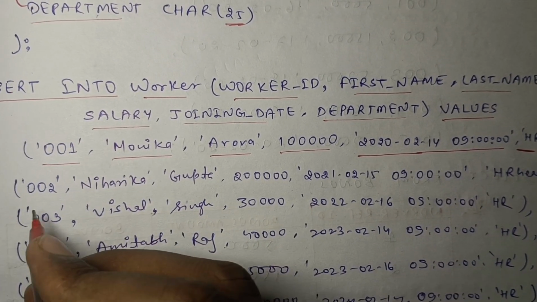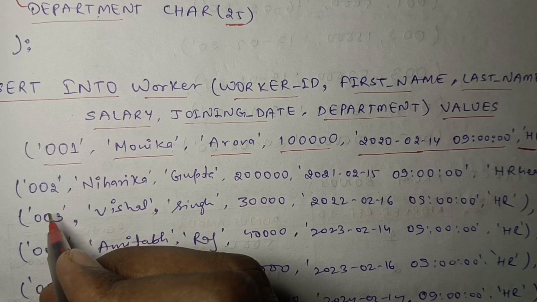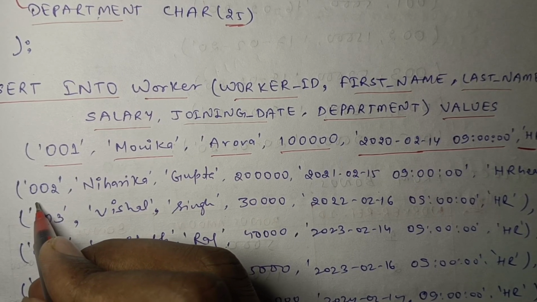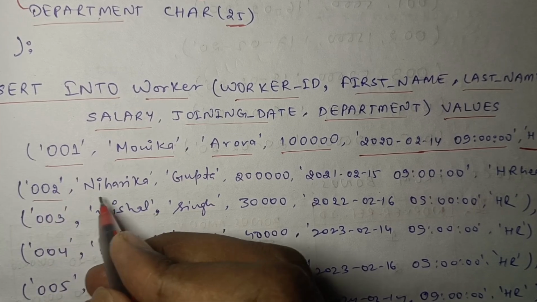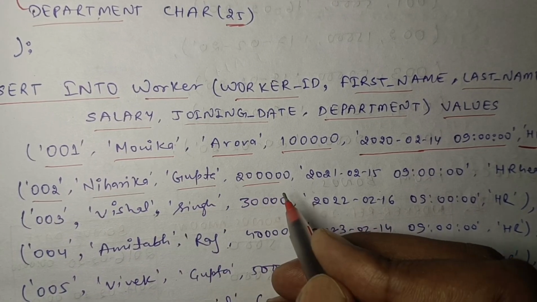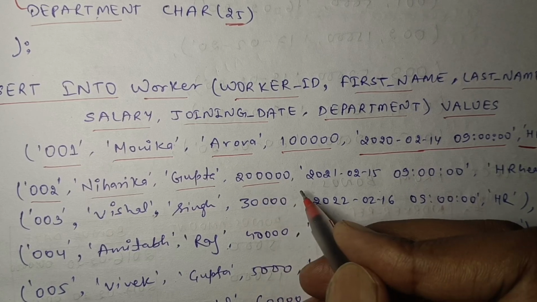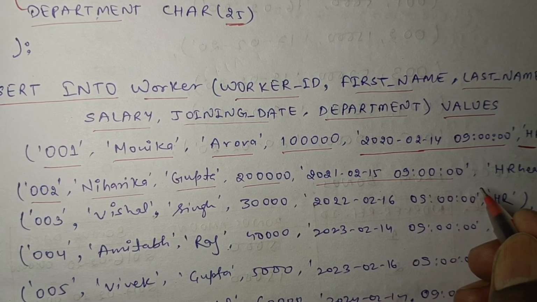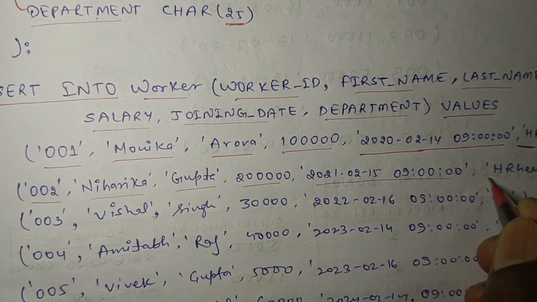Similarly in the second row I have put the values: worker ID as 002, first name is Niharika, last name is Gupta, salary is 22 lakhs, joining date is 15 Feb 21, and department is HR head.